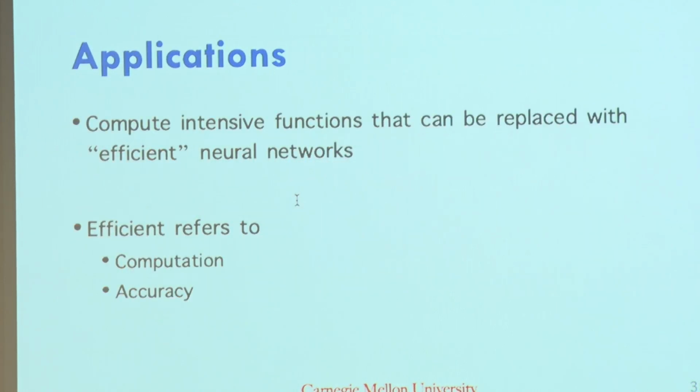The applications of this technique are computationally intensive functions that can be replaced by an efficient neural network. And efficient here refers to computation, meaning that the network shouldn't be too large to outweigh the benefits of hardware acceleration, and it should be accurate enough in replicating the output of the target function.